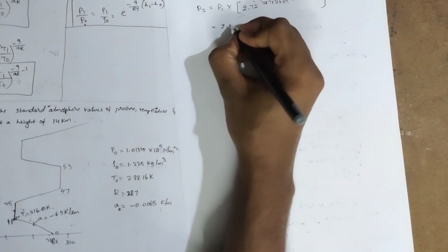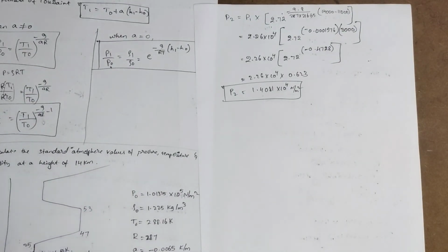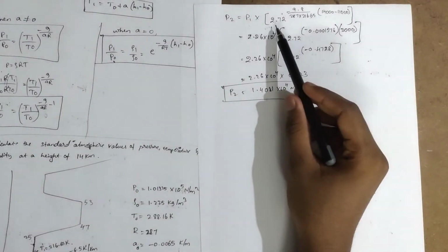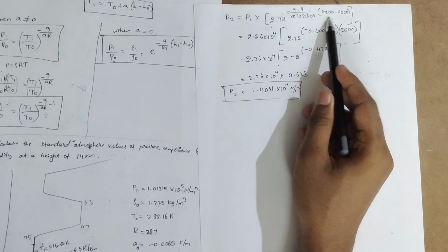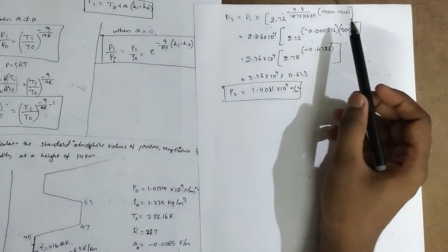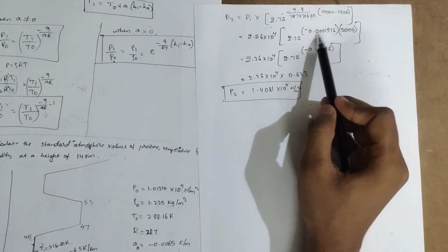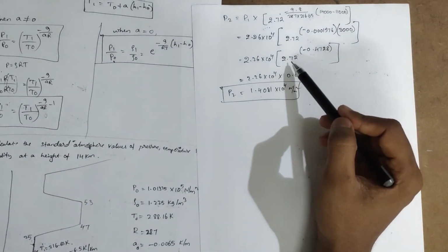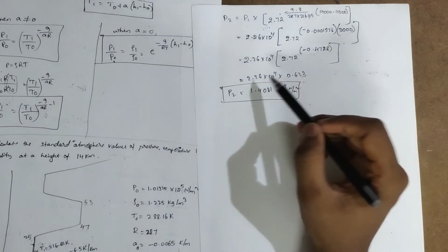We'll substitute it here, 2.26 into 10 power 4 into e power minus g by RT into (H2 minus H1). This is the value of pressure we have obtained from calculation. H2 is 14,000 meters and H1 is 11,000 meters. So 14,000 minus 11,000 is 3,000, and this calculation gives 0.0001576. So after simplification, 2.72 power minus 0.4728 is 0.623, into P1.